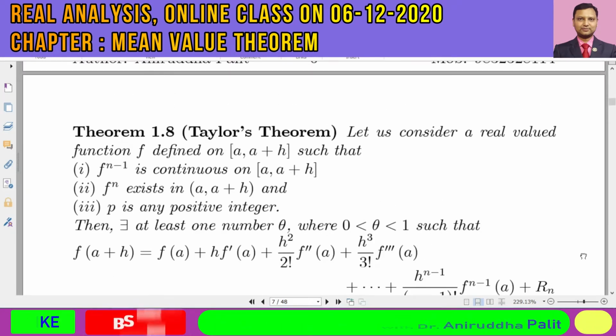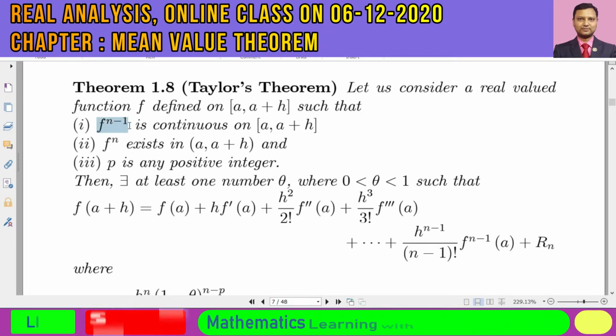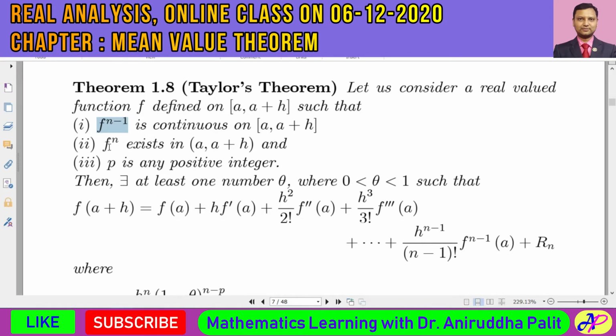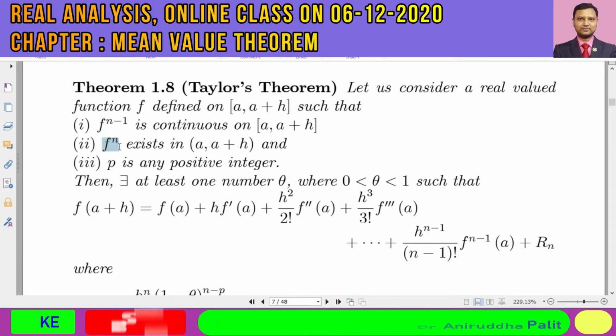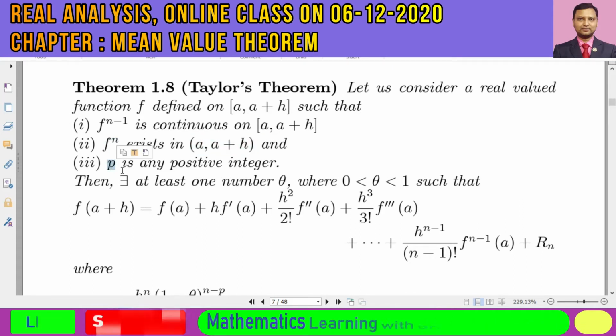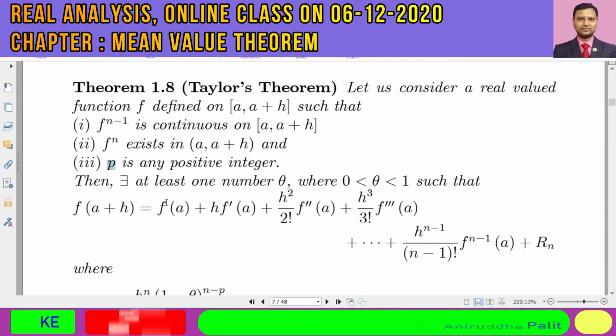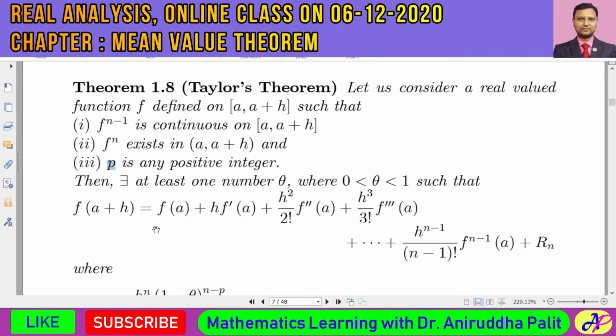The equation of Taylor's theorem says that if a function f^(n-1) is continuous in the closed interval, and if the nth derivative exists in the open interval, and p is a positive integer, then there exists a number theta where 0 < theta < 1, such that the function f(a+h) can be written in this way.